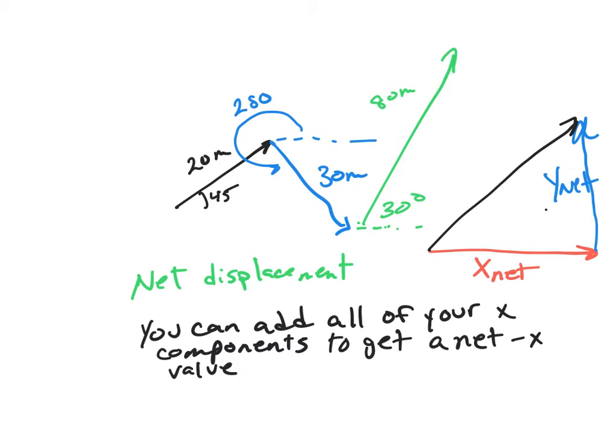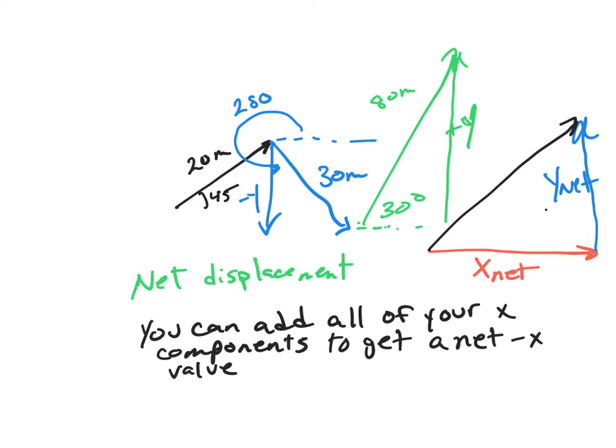The only thing you have to keep in mind is that for this green one here, the y component for our green displacement is positive, but the y component for our blue one is negative. And so when we add those together, you're actually adding a negative value, and so we ultimately end up subtracting because they're in opposite directions.